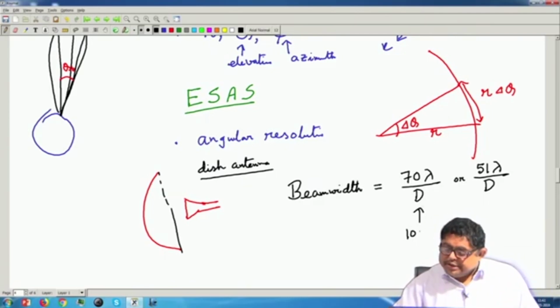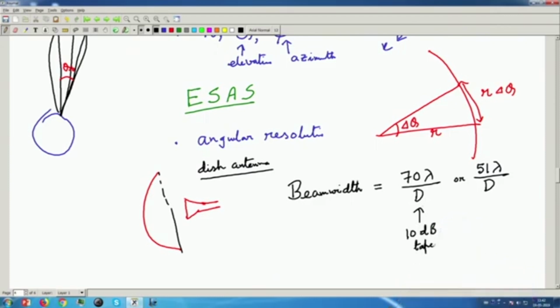So, in that case, say with a 10 dB taper, you have this beam width, and the whole beam width is in degrees. Please remember that the radian to degree conversion is already taken into account. So it is 70 lambda by d, where lambda is the free space wavelength and d is the maximum dimension, the parabolic dish diameter.